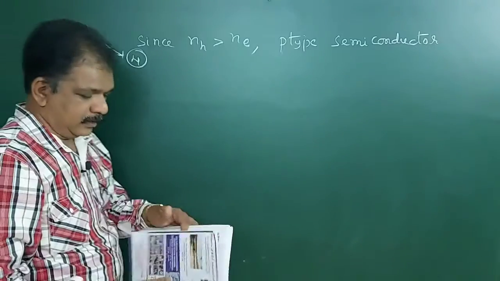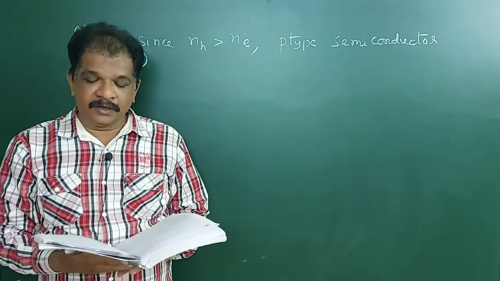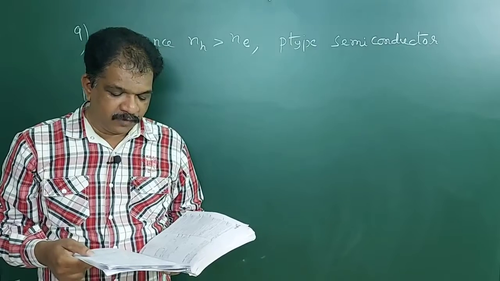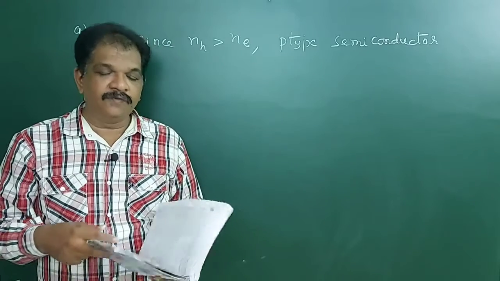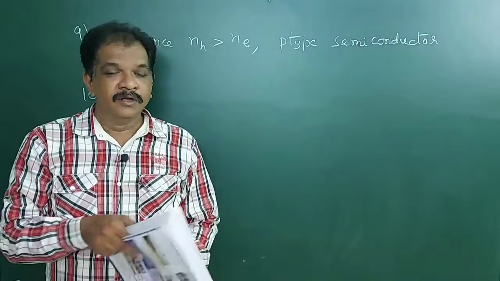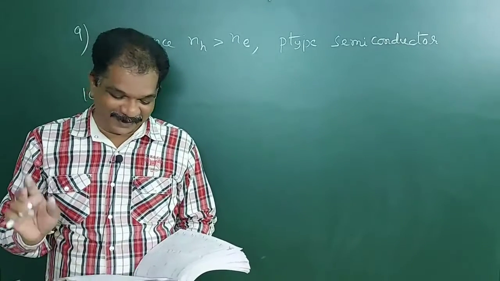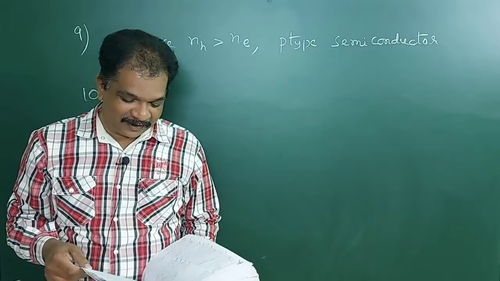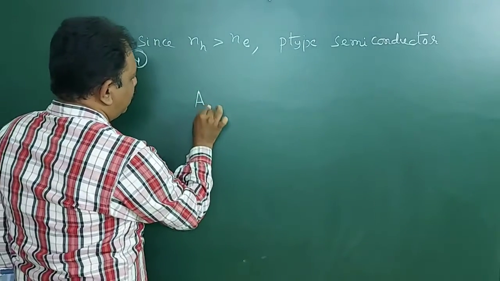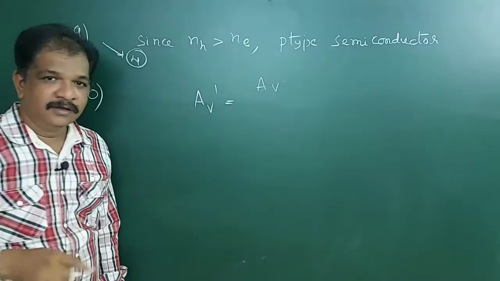Next, 10th. Voltage gain of an amplifier is 9%, negative feedback is 10, voltage gain without feedback is... Actually this is not there, the syllabus has changed, but the previous question at that time this syllabus was there, but now it is not. What is the formula here?